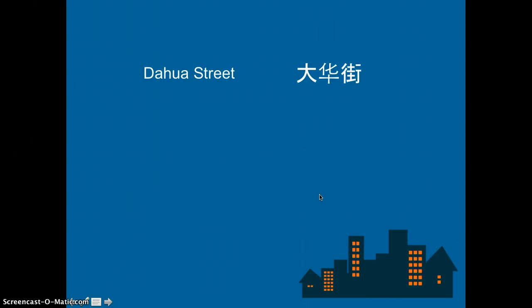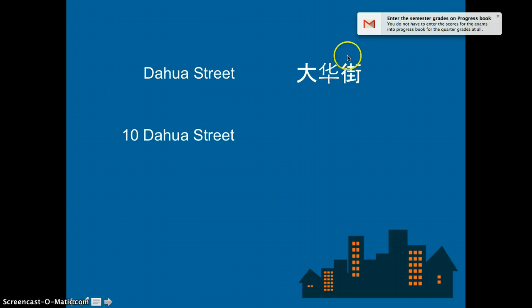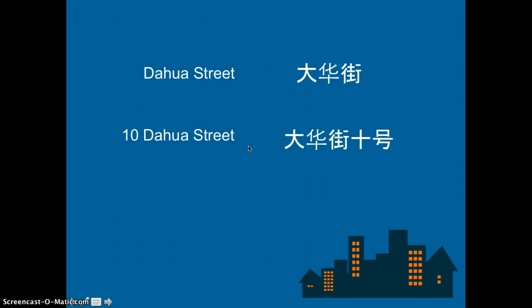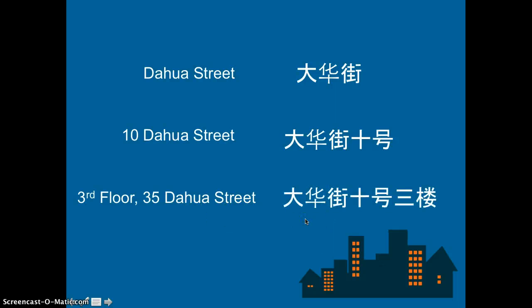Okay. Now let's review the address again. So Dahua Street, Dahua Jie, right? So let's build it longer. It's 10 Dahua Street. It will be Dahua Jie 10号, right? Dahua Jie and then the number. And now with floors, it's still Dahua Street first, Dahua Jie and then 35号.